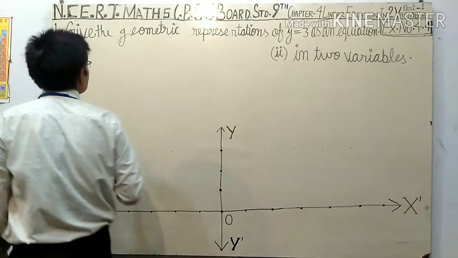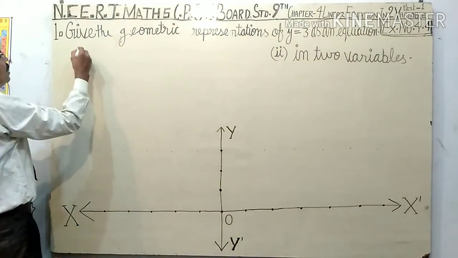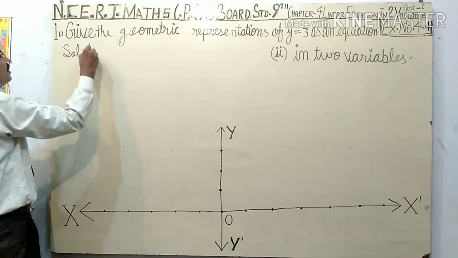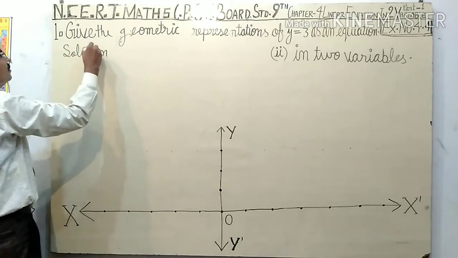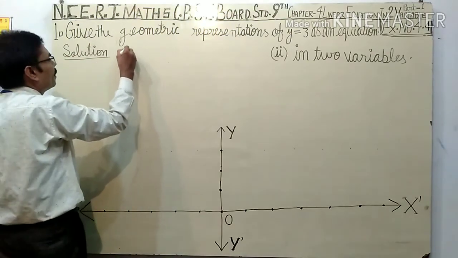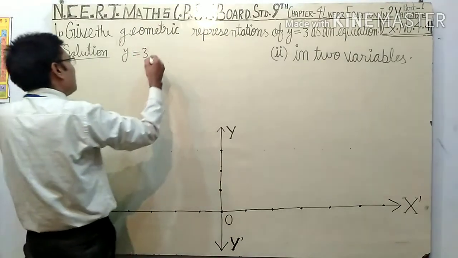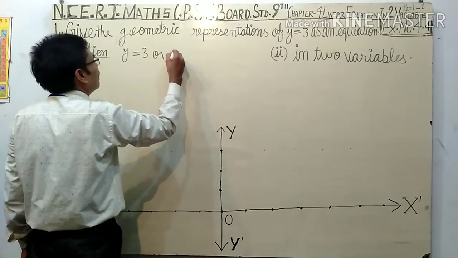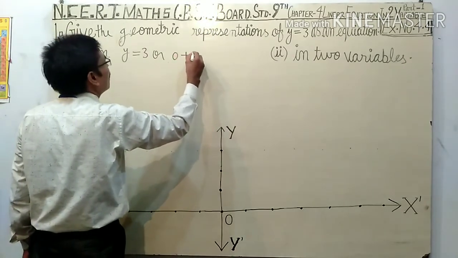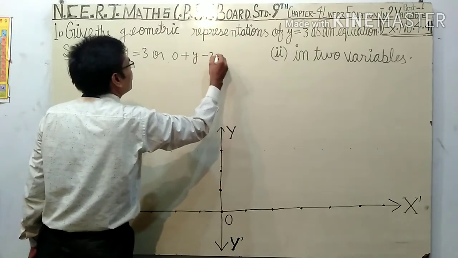Students, we know very well that we are given y equal 3. This equation can be rewritten as 0 plus y minus 3 equal 0.